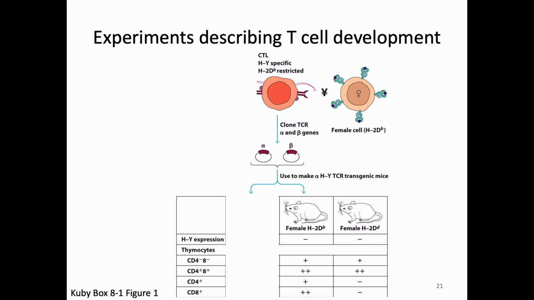So now they also look in the male H2B mouse, where the antigen is a self antigen. Sometimes people are like, what about the male H2D? And then it's just like, it's not matching. Again, really, that one doesn't matter. The male that matters is the H2B, because that's a self antigen case.